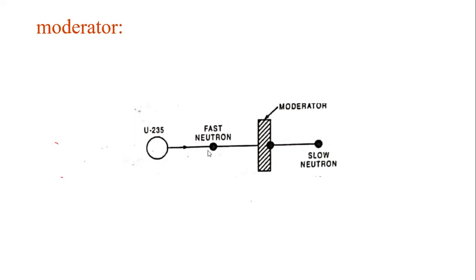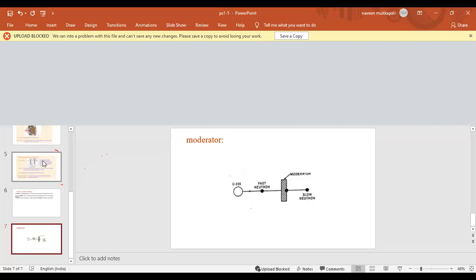Therefore, the fast neutron is slowed down and converted into a slow neutron. This is the overall operation of nuclear reactors.